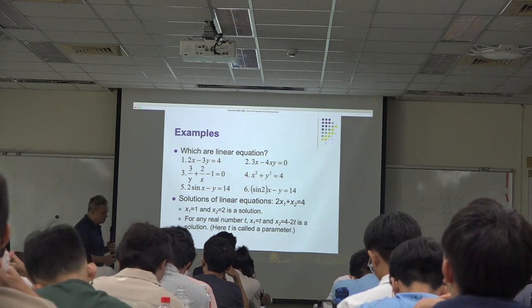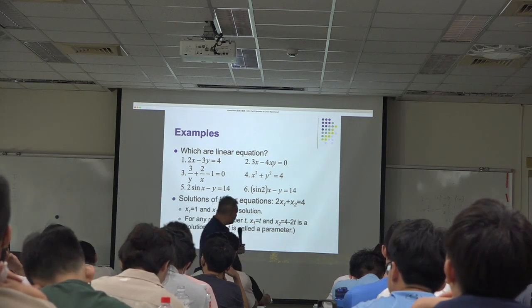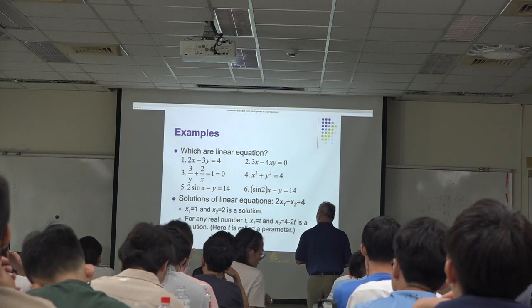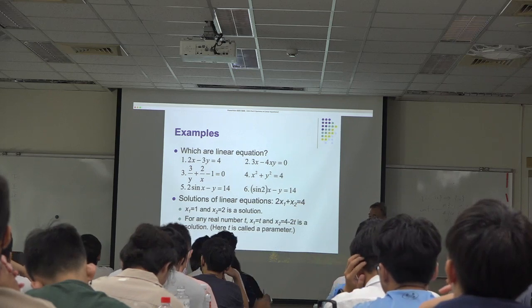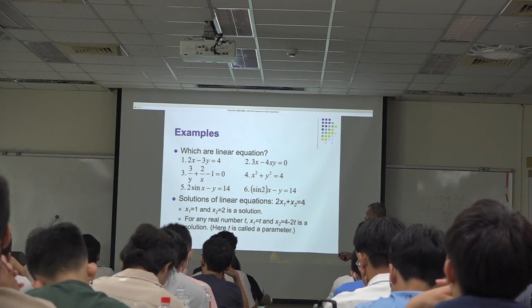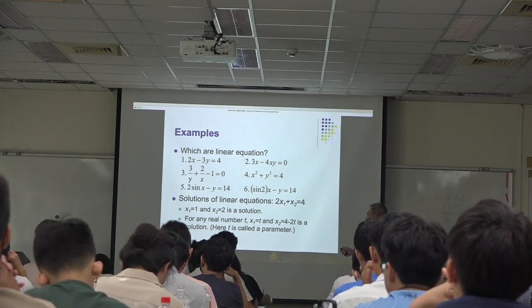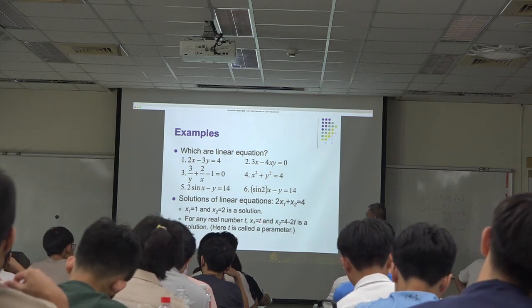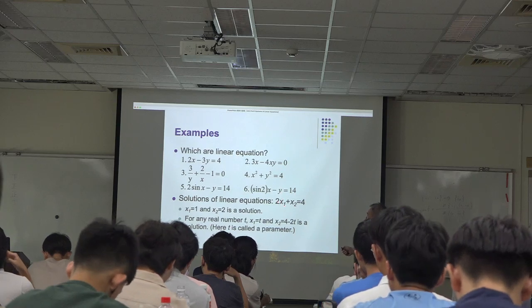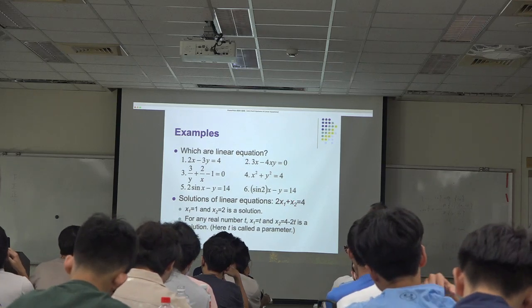So the equation is satisfied. So obviously, (1, 2) is a solution for this linear equation. You can replace x1 with a t, and then we have 2t plus x2 equal to 4.